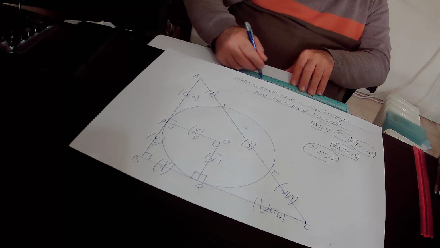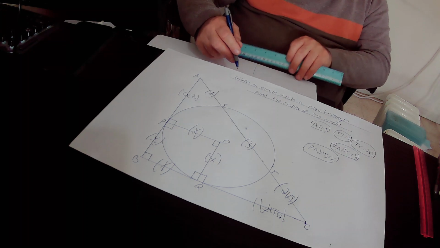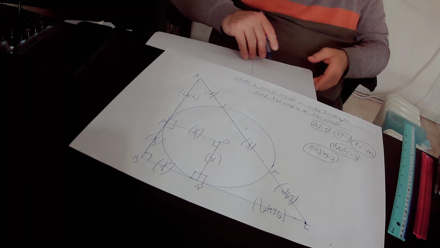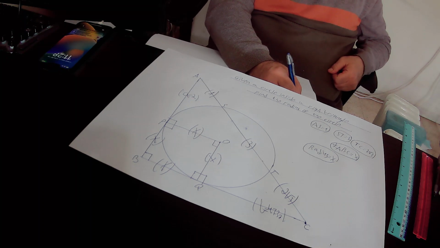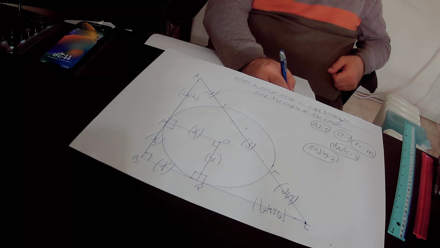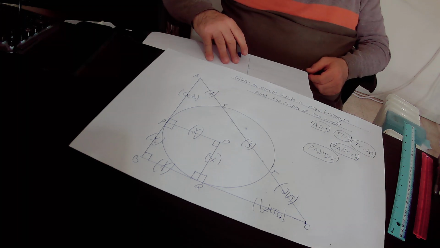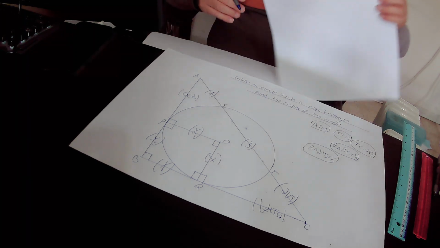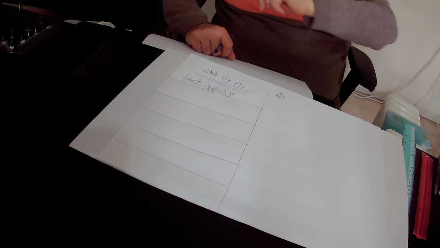The hypotenuse in the right triangle ABC is AC, therefore the square of the hypotenuse is AC squared, and AC squared must be equal to AB squared plus BC squared.